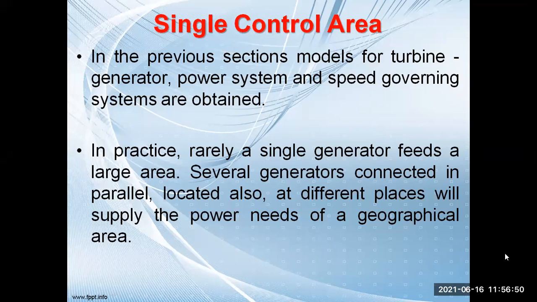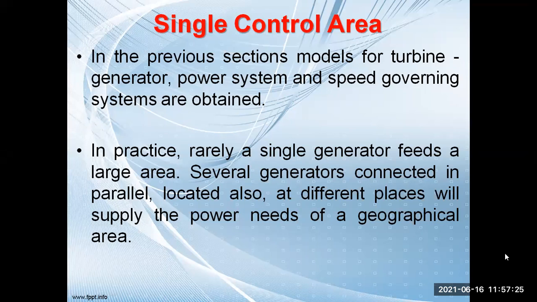What is the concept of the single control area? In each power station, we have these three components. If an alternator is generating power, let us say in a thermal power station, then there will be a speed governor, a turbine, and an alternator. These three components will be connected in cascade. Like that, multiple generators will be connected in parallel, and they may be located geographically in different places.